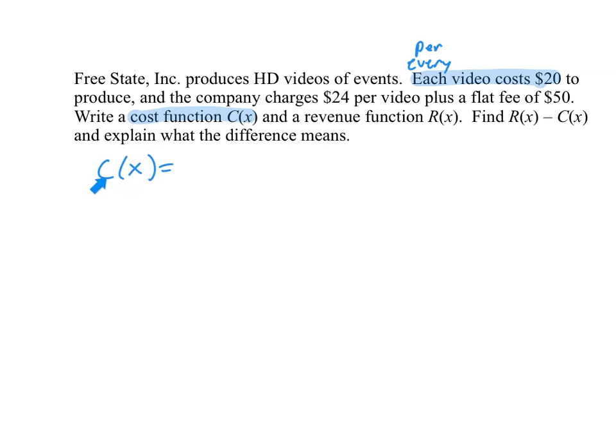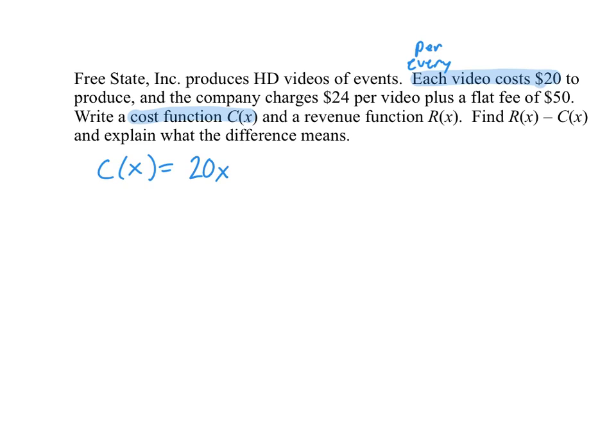Remember, c is just the name of this function. It's the cost function, but it's a function according to x. So we should be multiplying this 20 times x. There are no other charges or costs mentioned, so that's all there is to it. There's our cost function. Okay, so we wrote a cost function.